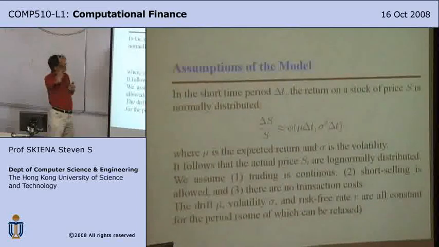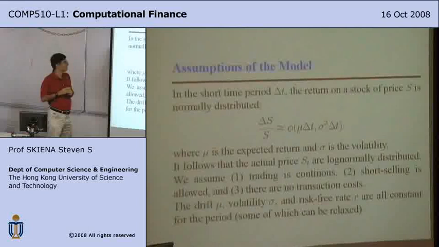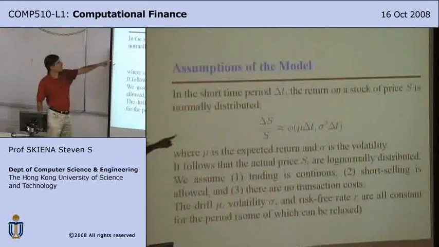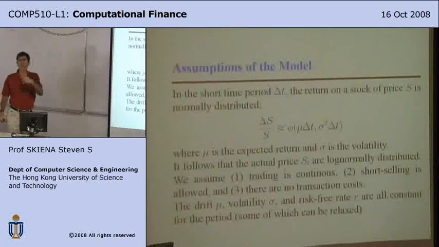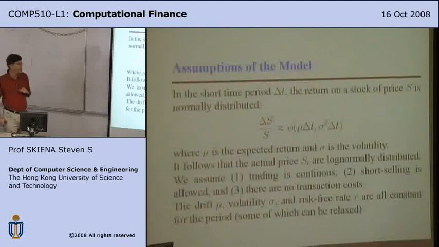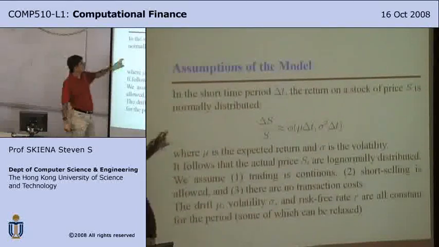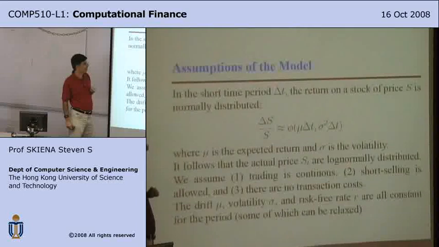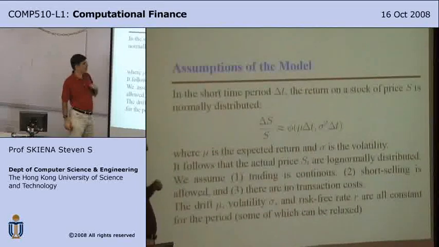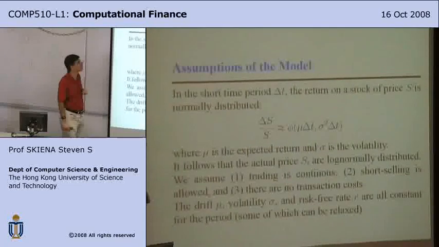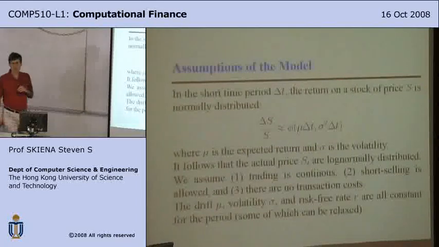And they make an assumption that over a short period of time, the return on a stock, which means the change in price over that time, delta S, divided by the value of the stock, the percentage up or down, that return should be normally distributed, with a particular mean, expected drift, and a certain standard deviation, which is a function of the volatility.